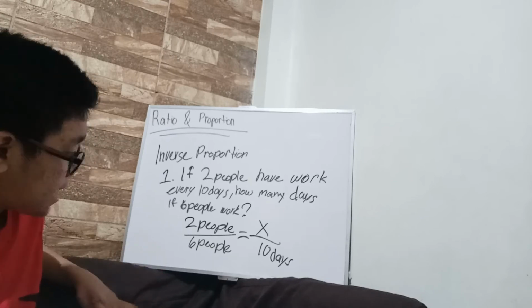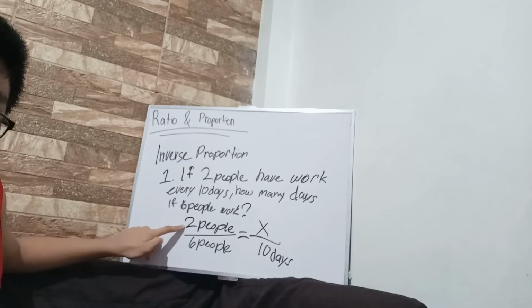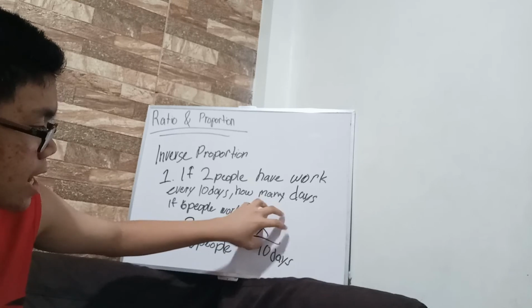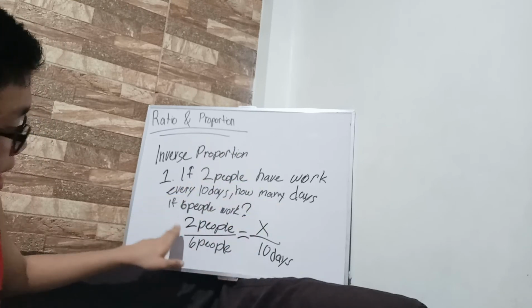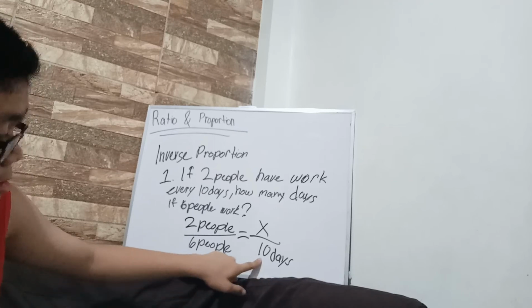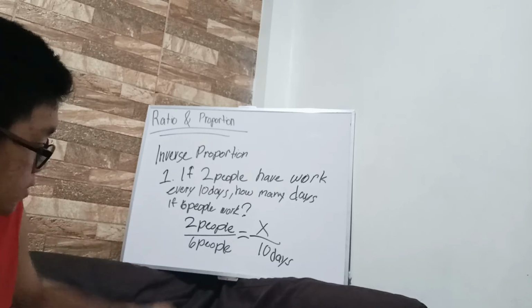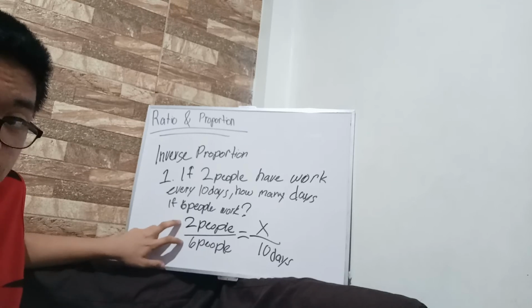Ang gagawin natin diyan, i-divide and then multiply. Iba to, every time. Pag ito naman 10 days ang nasa taas, basta sama ang buong number, i-divide, sabay multiply. Pero nasa baba siya, so parehas lang, i-divide, pero pataas, multiply. So ito, pwede pa siyang ma-simplify.